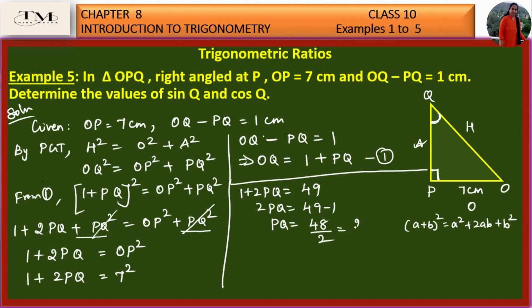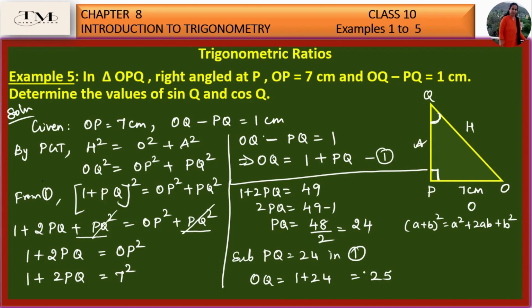So 48 by 2, we have 24. So we got PQ is equal to 24. So we are going to substitute PQ is equal to 24 in 1. So if we substitute, we get OQ is equal to 1 plus 24, which is equal to 25.